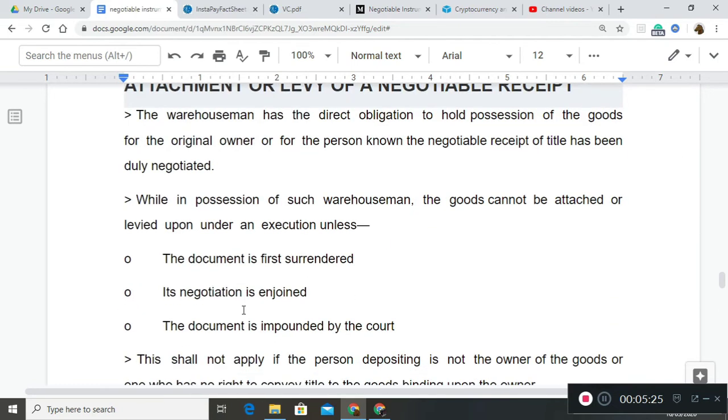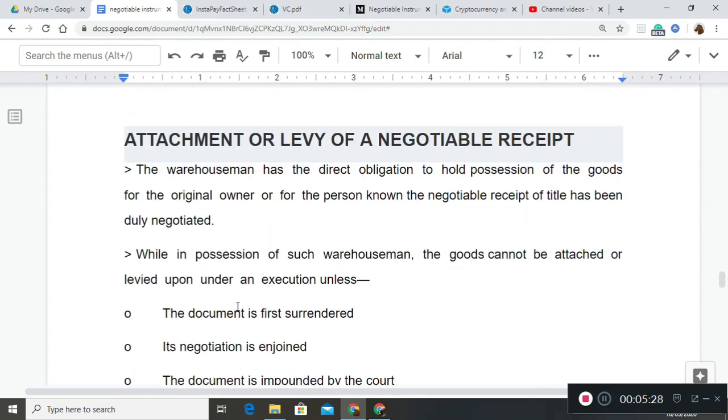Attachment or levy of a negotiable receipt. Okay, so our warehouseman has a direct obligation to hold possession of the goods of the original owner.